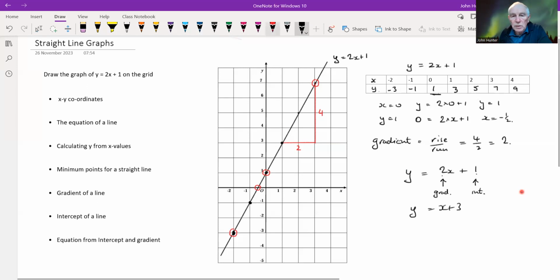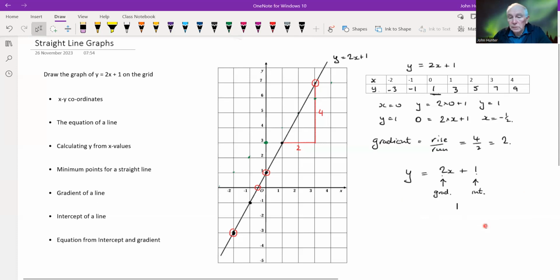So since we know it goes through this point, do it in green, and it's got a gradient of 1, then we know it's also going to go through there and there and there and there, and going backwards through there and there and there. So we could draw the line for that equation as well.